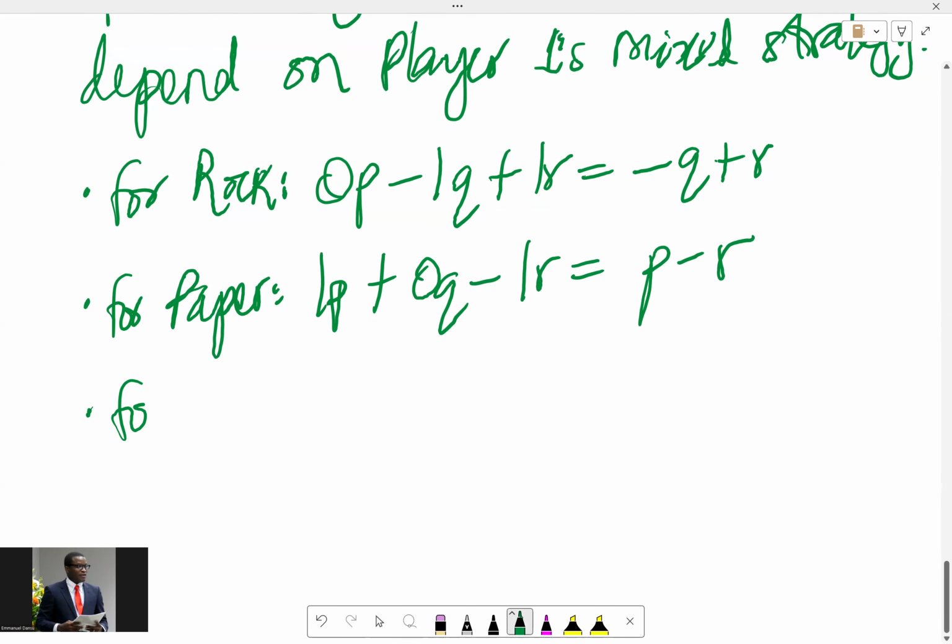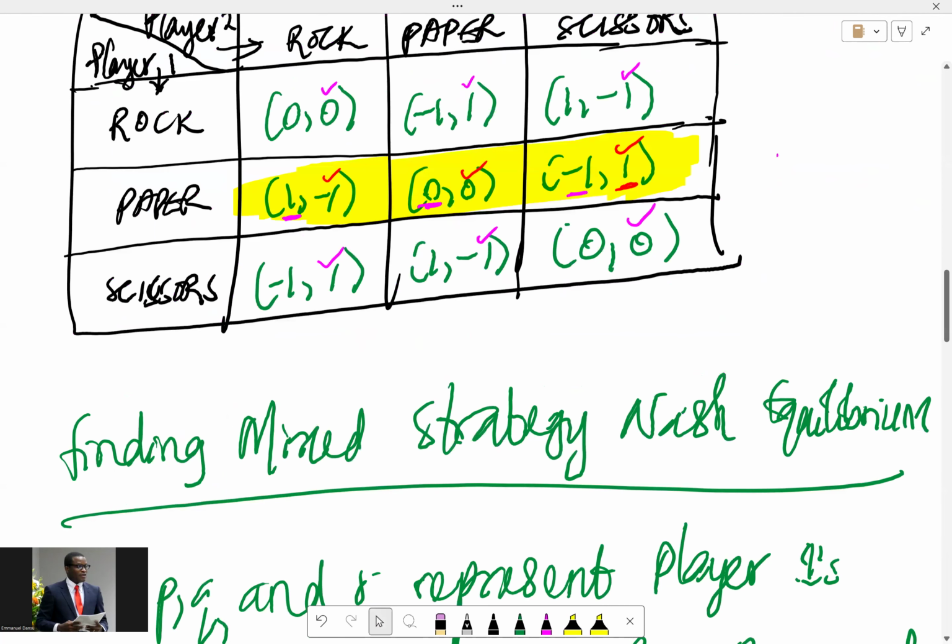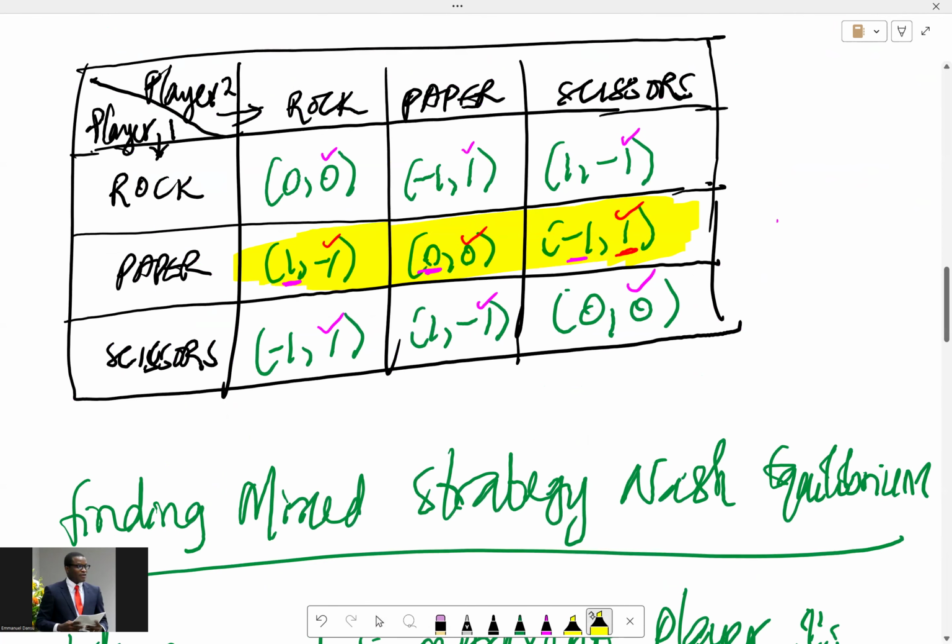Then finally for scissors now. Because player two's action is determined by what happens to player 1, we focus on player 1's expected payoffs.